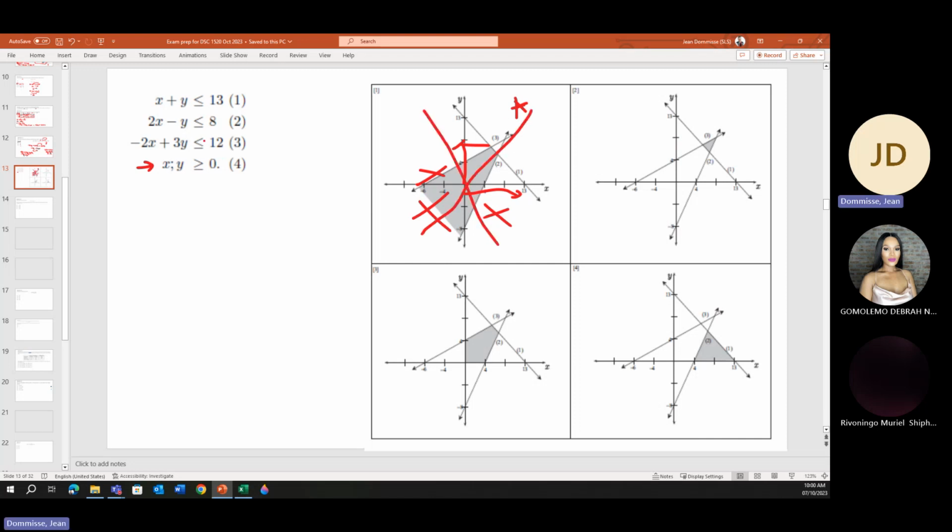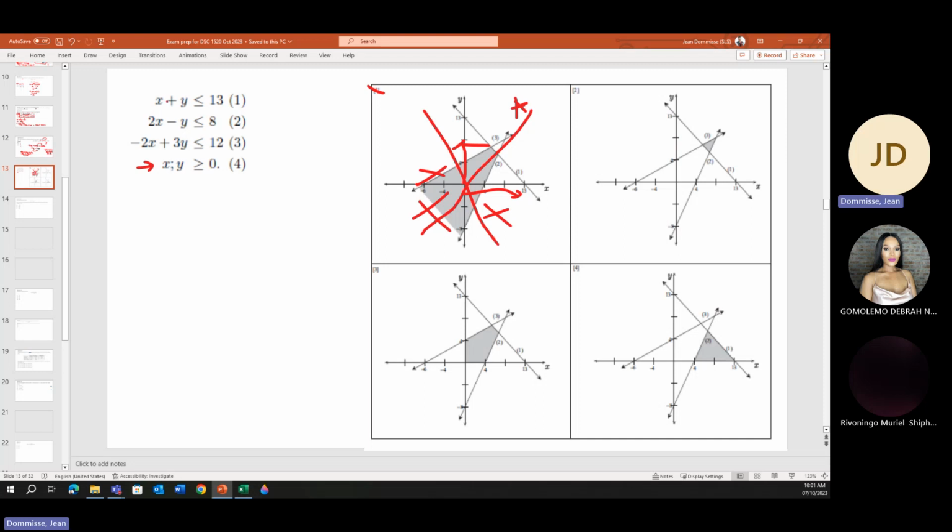So just by looking at this equation, I have eliminated one option. Okay, so it needs to be bigger than 0. So it can only be that one, or that one. Okay, option 1 gone.